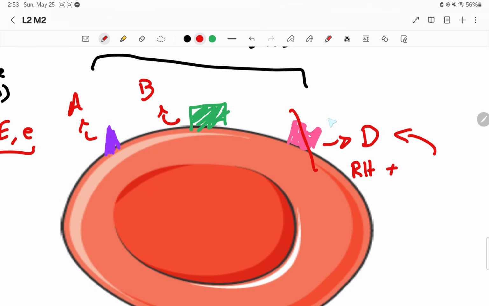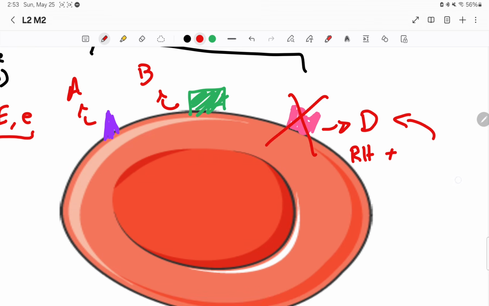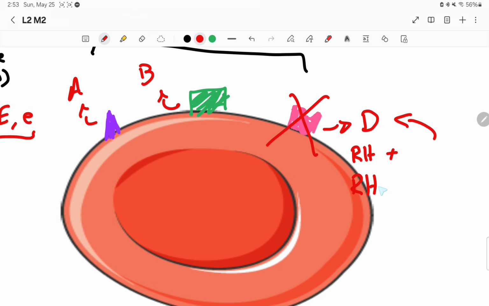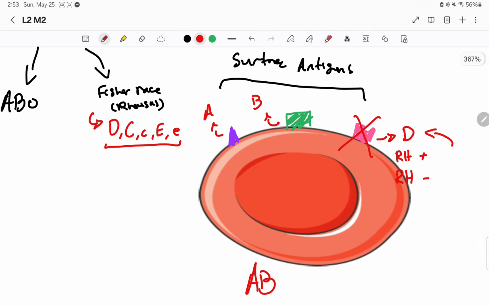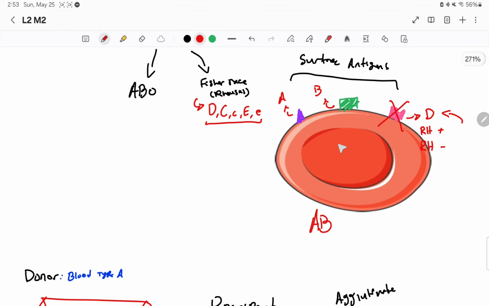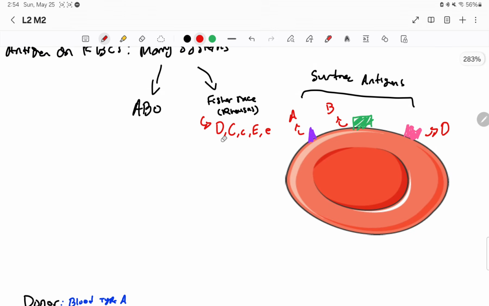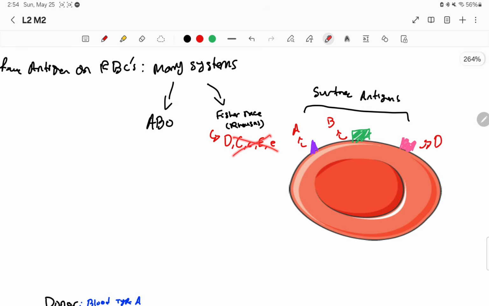If you do not have this antigen on the surface of your red blood cell, then you are RH negative. So this individual at this current moment is AB positive. Great. Again, in this video, we're only going to be talking about ABO and the D antigen. We won't be covering the C, little c, E, and little e. Great, so let's just get that out of your head.